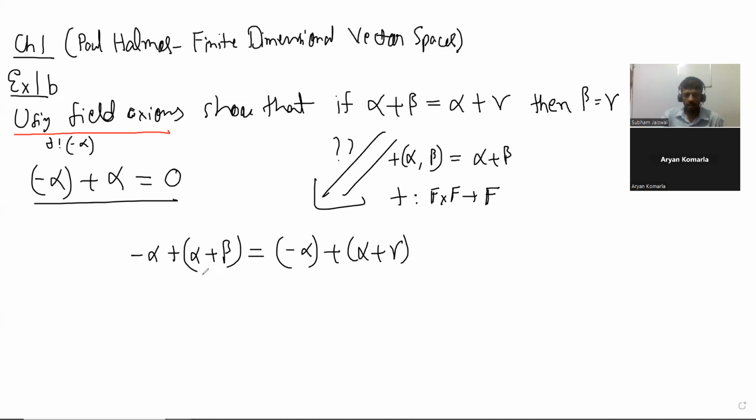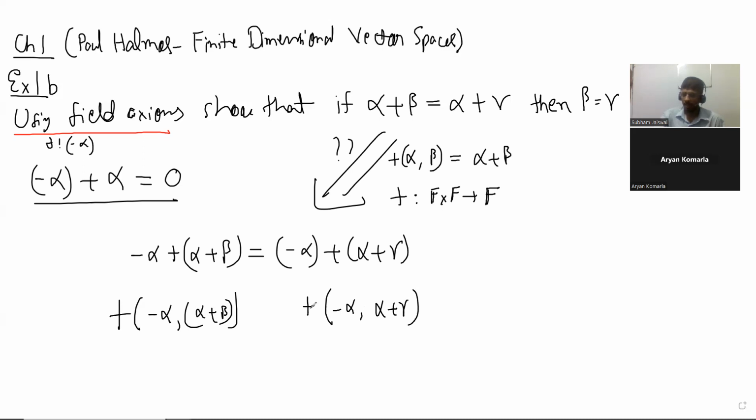So you can think of the left hand side as this plus function being applied to minus alpha and alpha plus beta. And the right hand side is this plus operation applied to these.